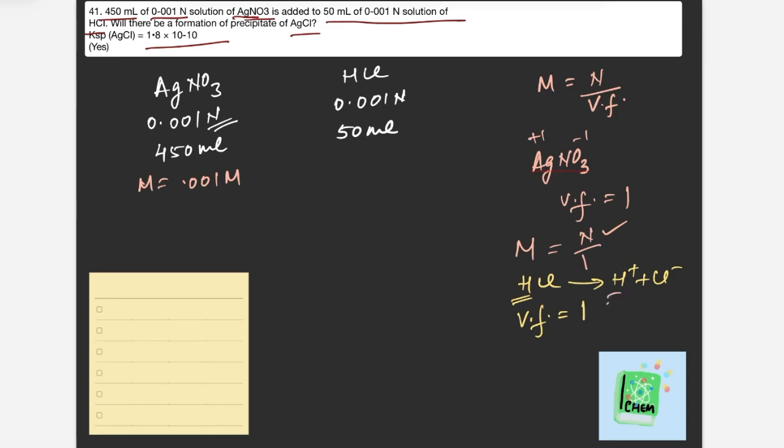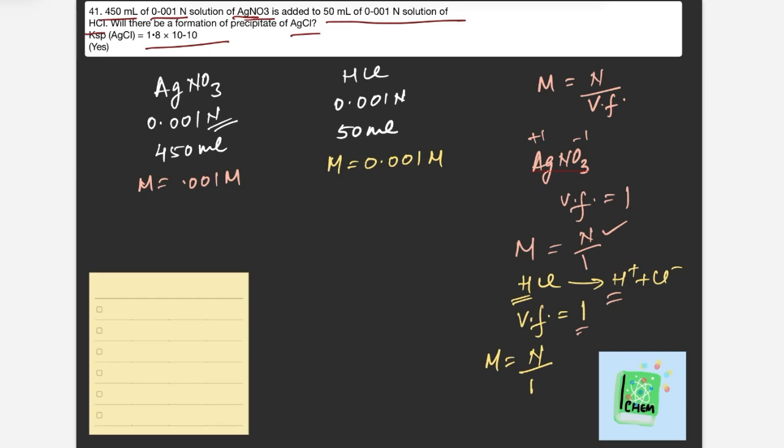HCl gives only one H plus ion when it is ionized. So valency factor of HCl is 1. So molarity of HCl will be equal to normality divided by 1. In other words, molarity is same as normality. So molarity of HCl is 0.001 M. Now you know the molarity of HCl as well as the molarity of AgNO3. Correct?